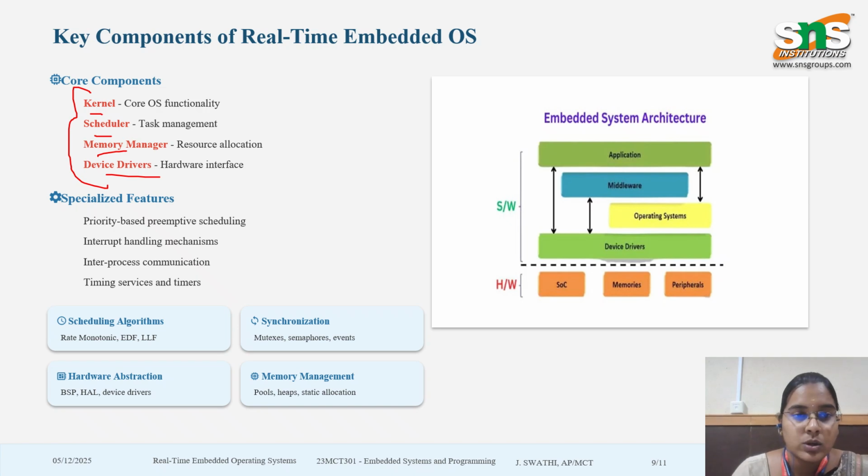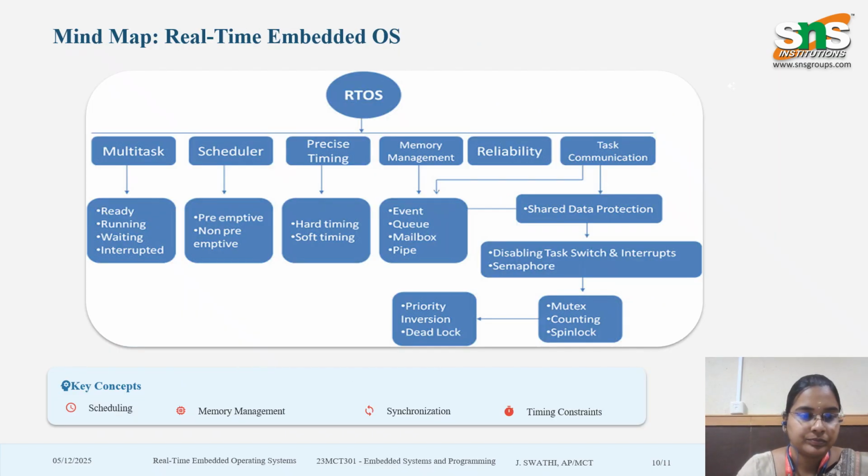These are the four important core components used in our RTOS. This is the pictorial representation of the hardware and software real-time RTOS. And in summary, an RTOS can be taken as a multitasker, scheduler, precise timing, memory management, reliability, and task communication. These are the six main components where the RTOS performs.